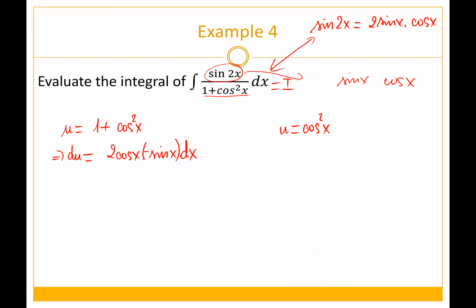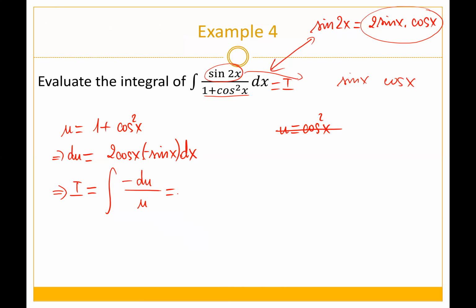And so I'm not going to put u equal to cosine square, but I'm going to put u equal to 1 plus cosine square x. So my I now is going to become: my sine 2x is equal to this, my du is equal to this, except for the negative. So I'm going to have negative du over u.